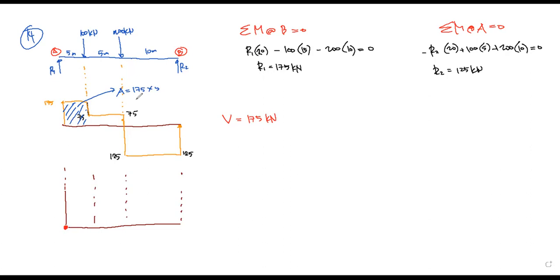Since this is rectangular, this is equivalent to 175 times 5. So that is 875. So you draw a straight line going upward.